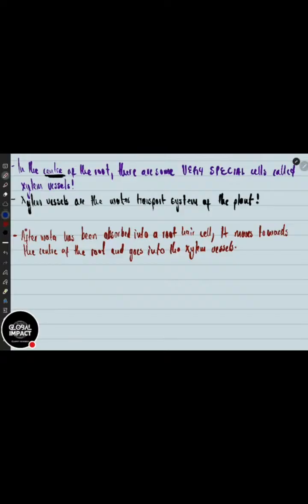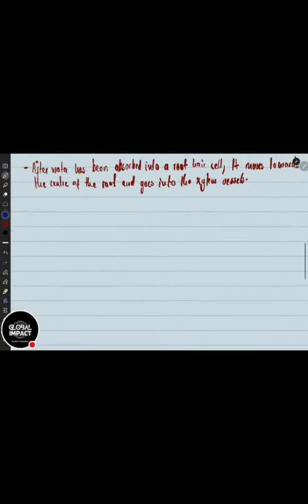Xylem vessels are at the center of the root.